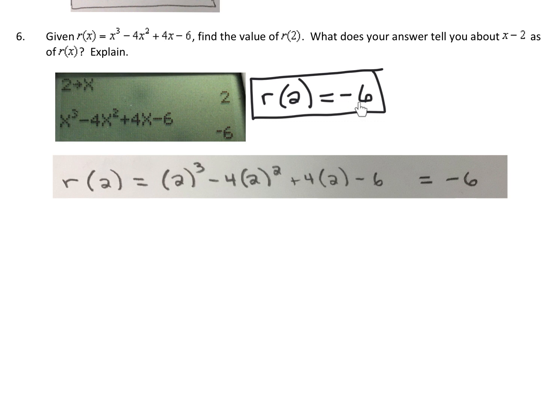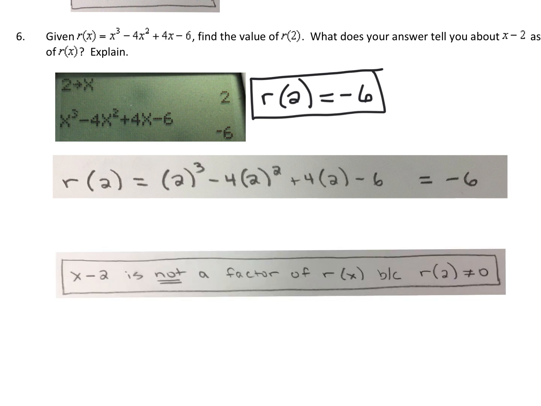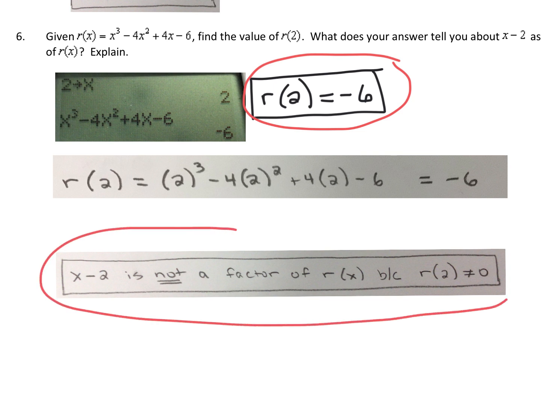So since this is not equal to 0, x minus 2 is not a factor. And because they say explain, you have to put that into words. Okay, so I just said x minus 2 is not a factor of r of x because r of 2 does not equal 0. Okay, and I'm just going to circle in red. This and this is really the only thing that you need to put on your paper to get full credit. Okay?